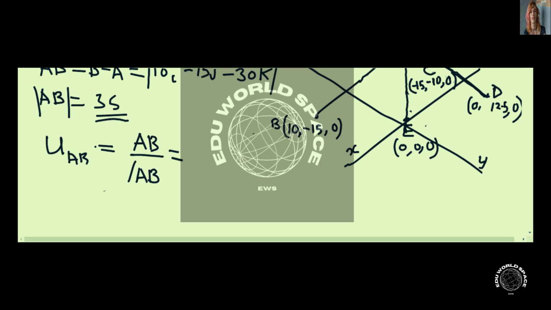So when you do that, you're going to have 10i over 35 minus 15j over 35 minus 30k over 35. Now you can see that's the unit vector.